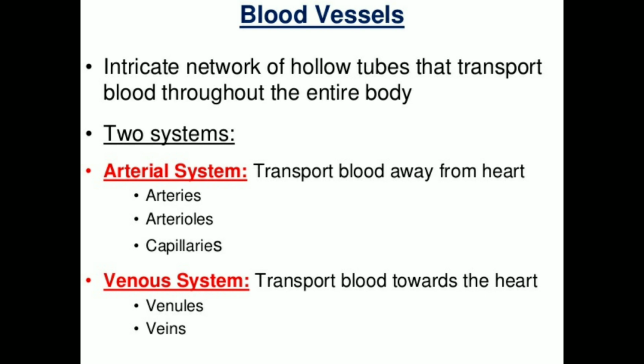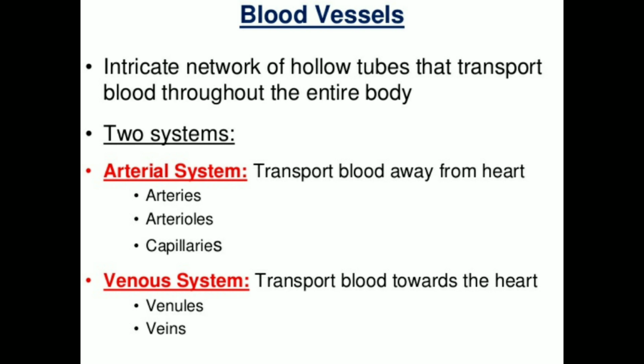Now we look into blood vessels. They are an integrated network of hollow tubes that transport blood throughout the entire body. There are two systems: the arterial system and the venous system. What does the arterial system do?